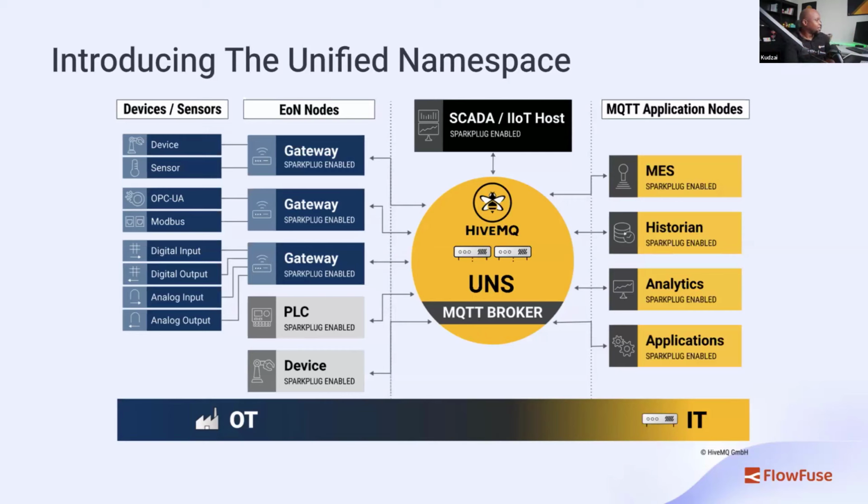So as you can see here, you've got OT and IT, and it doesn't matter whether it's Sparkplug, which is the specification on top of MQTT, or whether it's flat MQTT, you still get all of your data in a centralized source of information. So this is the whole concept of the unified namespace.